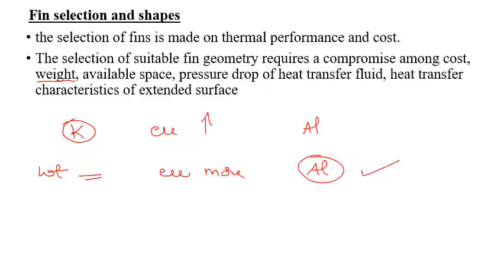At the same time, if the available space is very small and weight is not a criterion, then I may go with copper rather than aluminum. That is a very important point to be noted.